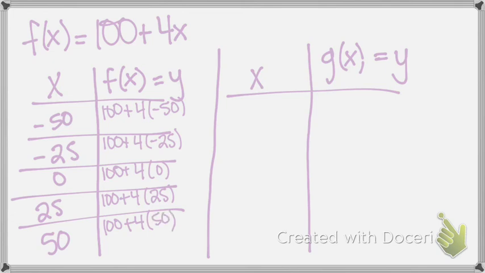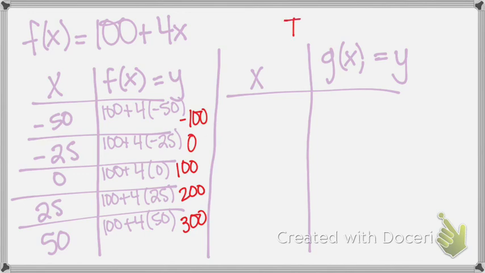Once you plug all of those in, you get negative 100, 0, 100, 200, and 300.